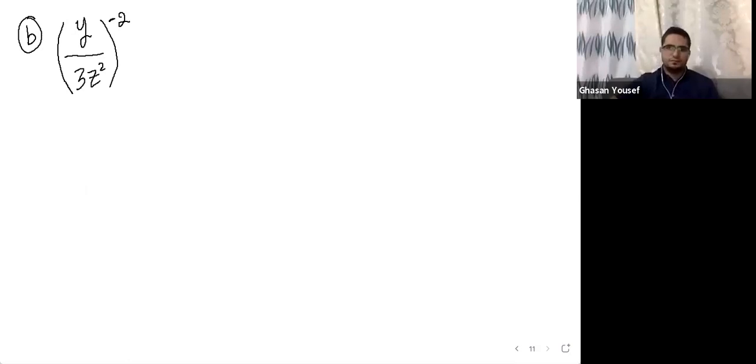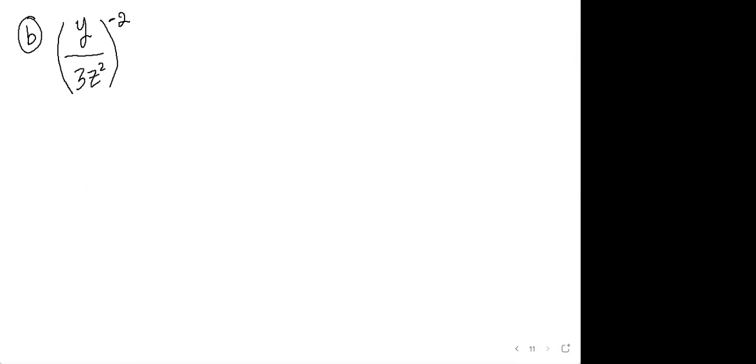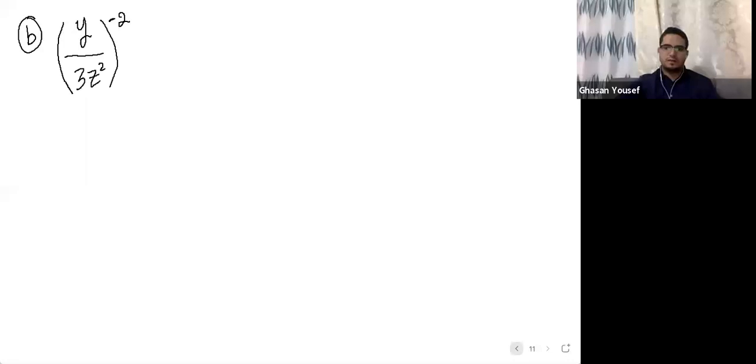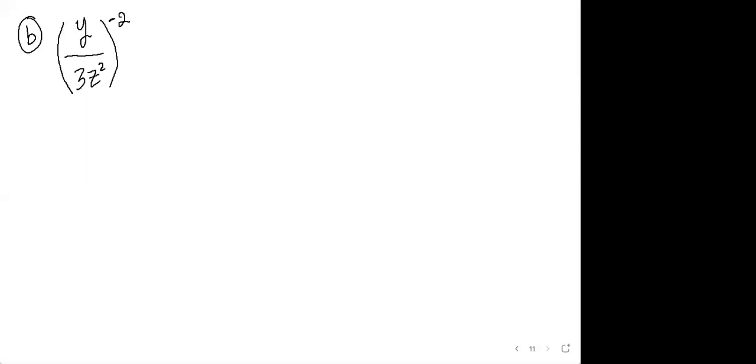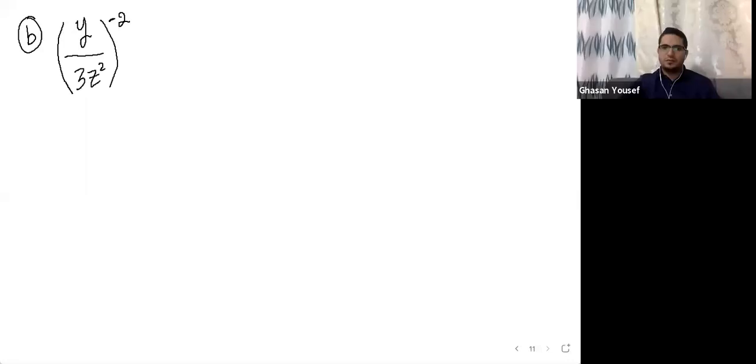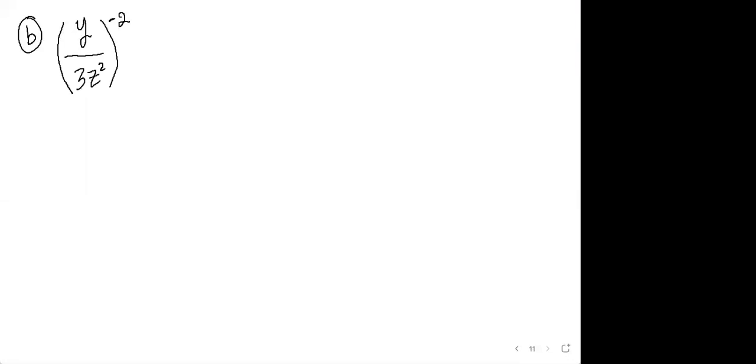Distribute negative 2 to everything. But first we have to do something before we distribute the negative 2. We would have to flip it, like 3z to the second power over y, and everything to which power? The power of 2 instead of the negative. Exactly.